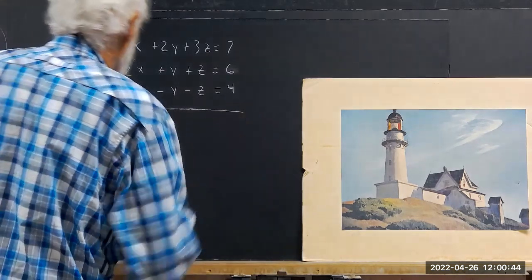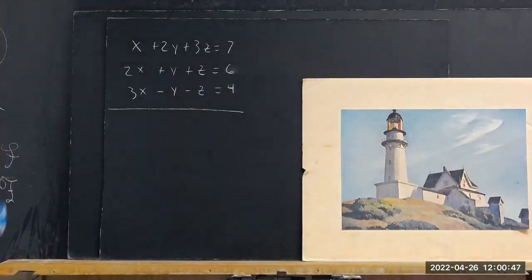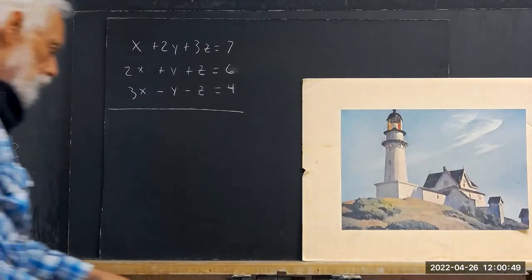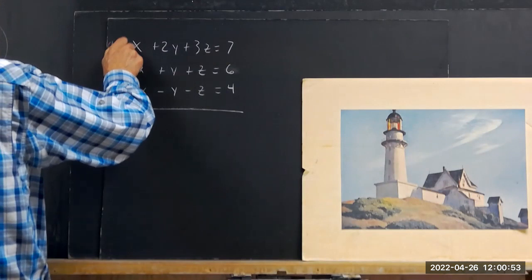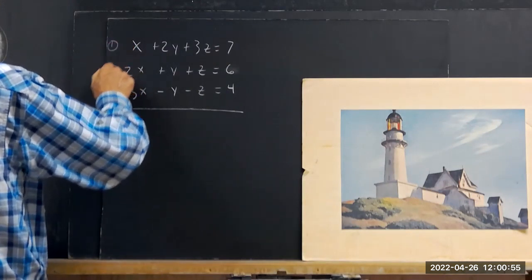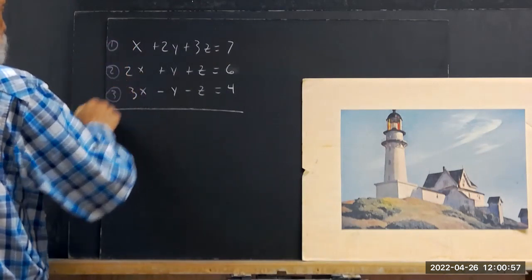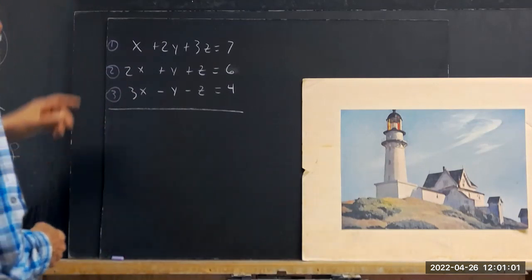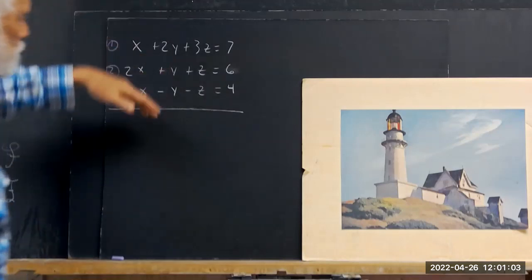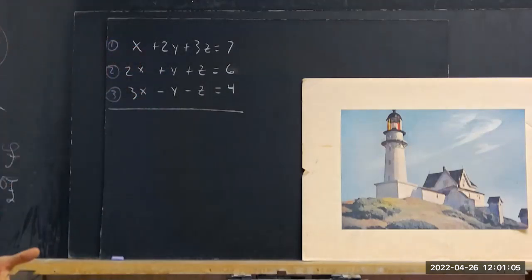Okay. Now, the procedure that I recommend is we number these equations 1, 2, and 3. I want to eliminate a variable between two equations.